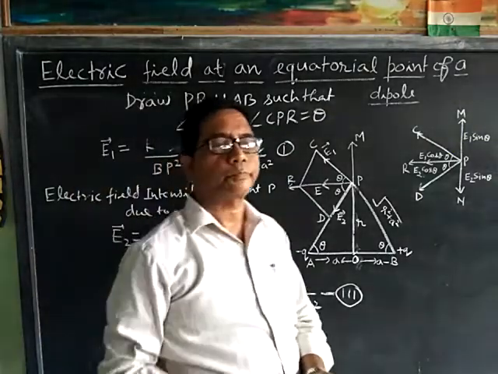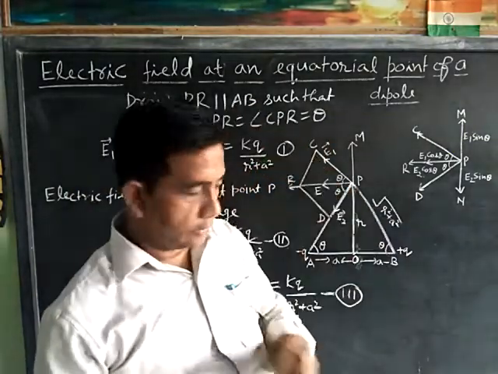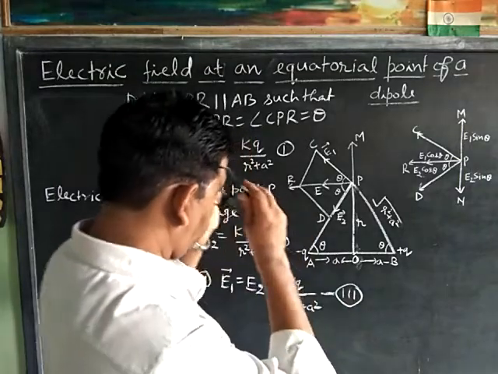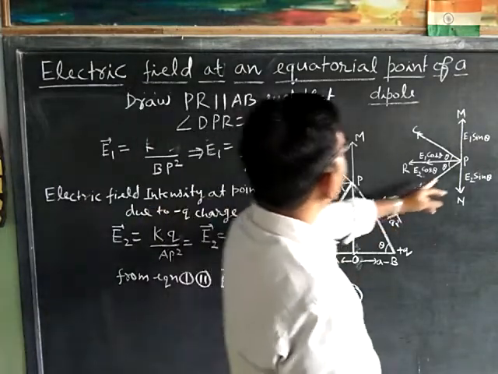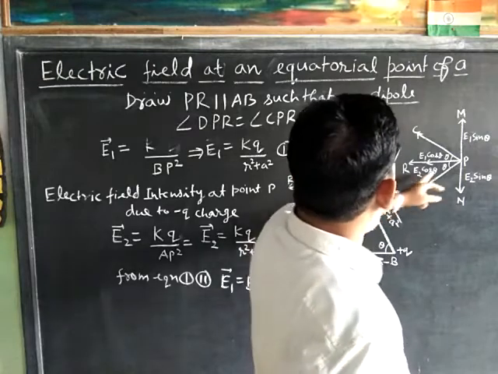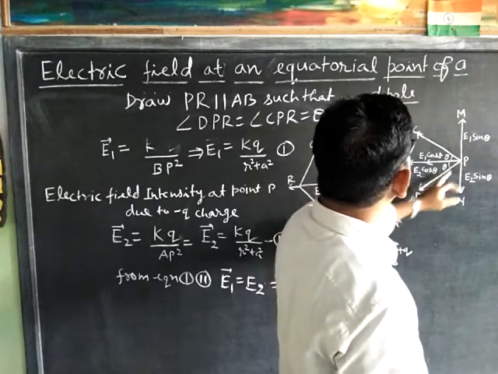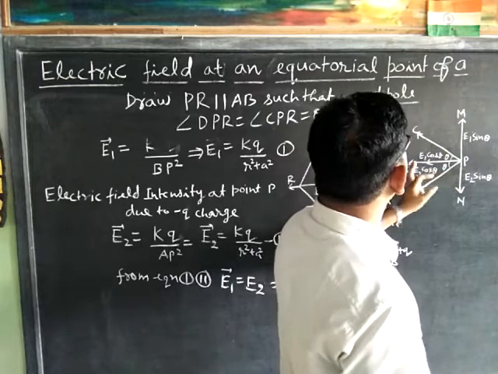Now we see that here we draw the diagram, DPR is equal to CPR.